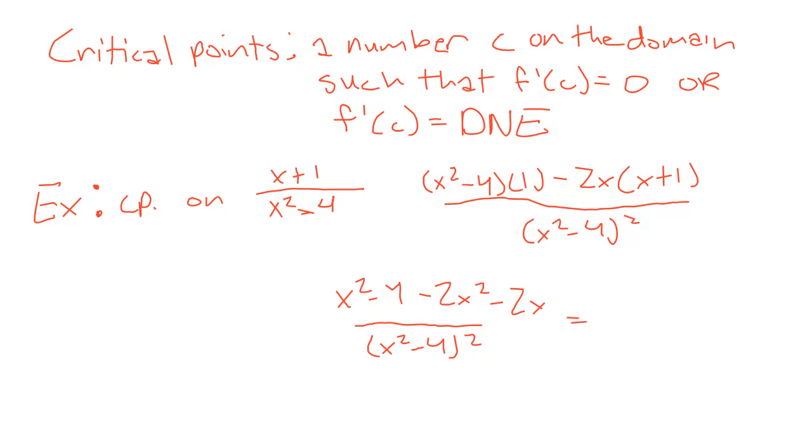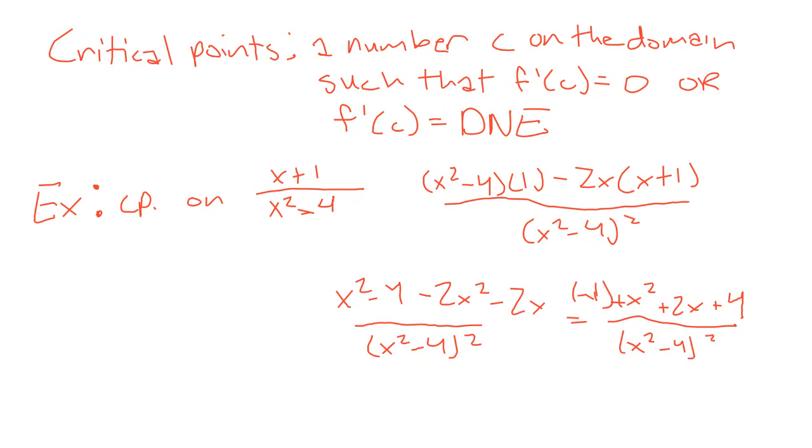This gives us negative x squared minus 2x minus 4. We can go ahead and factor out a negative 1 to give us this, all over x squared minus 4 squared.